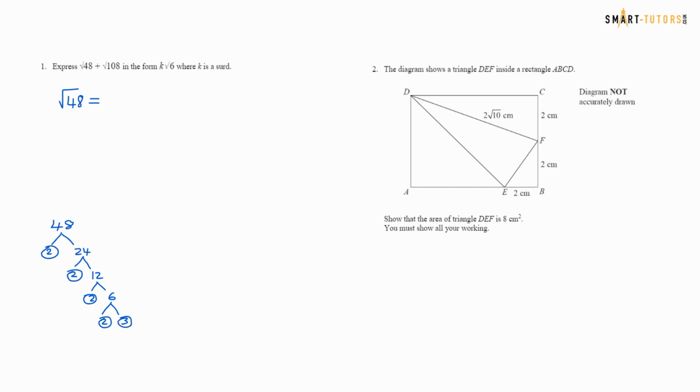So how many 2's are there? 2, 2, 2, 2. So square root of 2, 2, 2, 2, then last 3.